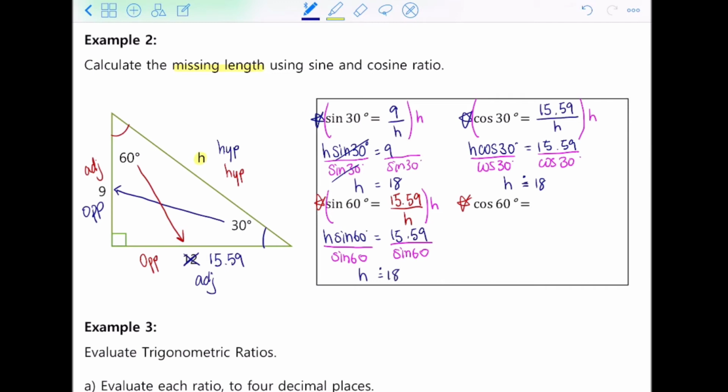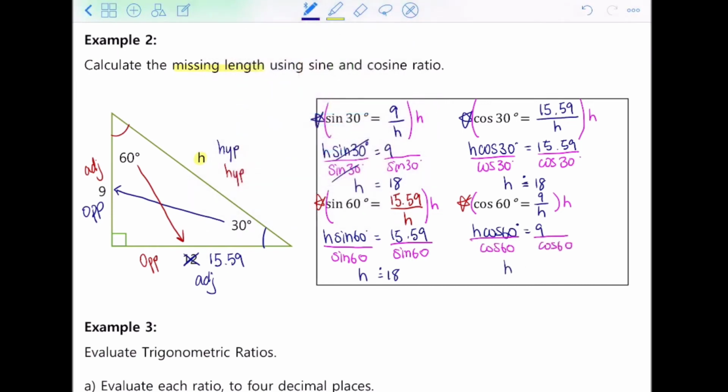And lastly, cos of 60 degrees. The ratio of cos is adjacent over hypotenuse, so the adjacent side would be 9. And h is what we're looking for. Again, multiply both sides by h. You get h cos 60 equals 9. And then divide by cos of 60 on both sides.